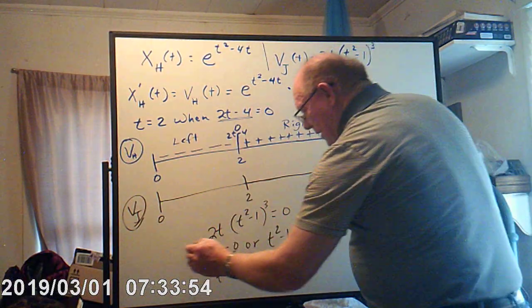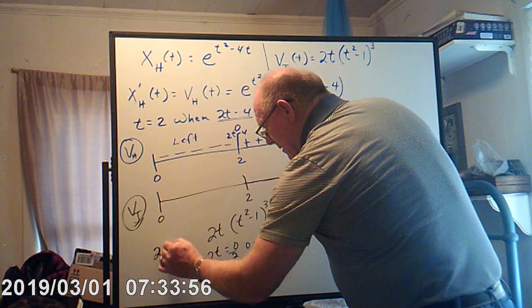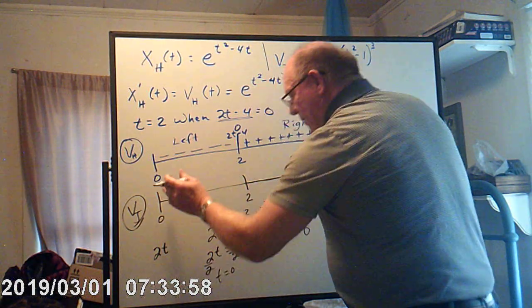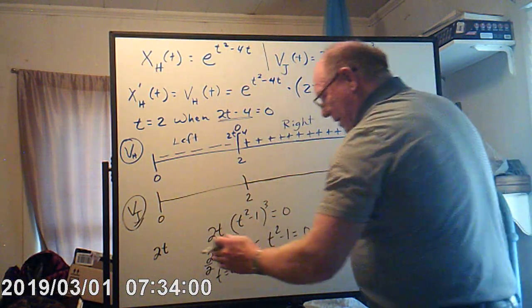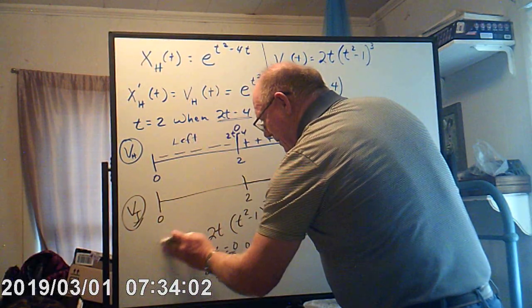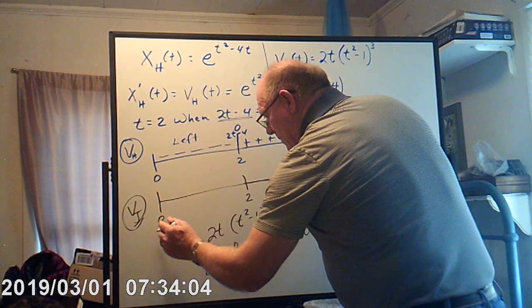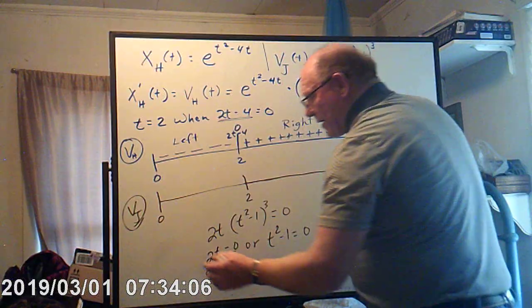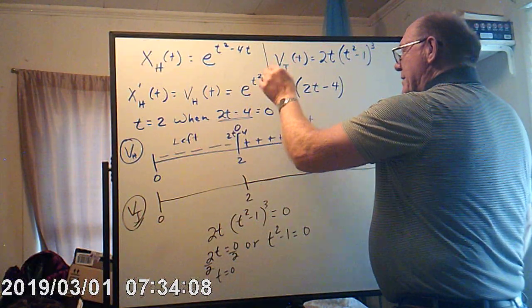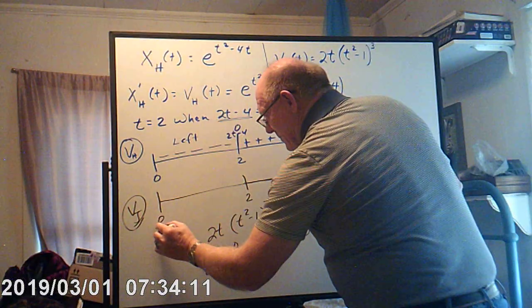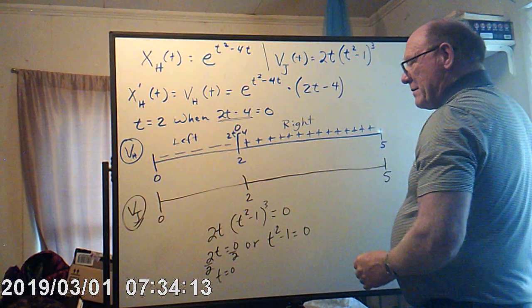So if we plug in anything t greater than 0, everything's going to be positive right here. So if we put 2t right here, everything's going to always be positive, just like this e to the, this is always going to be positive.